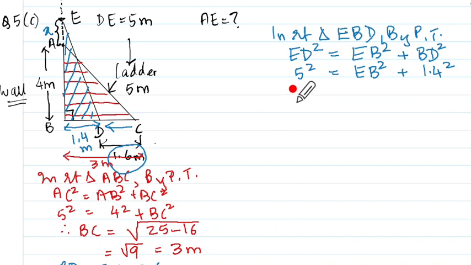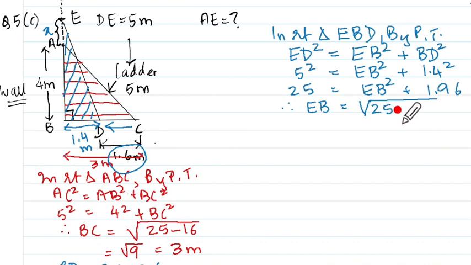So we shall have 25 equal to EB square plus 1.96, and therefore EB will be equal to under root 25 minus 1.96.